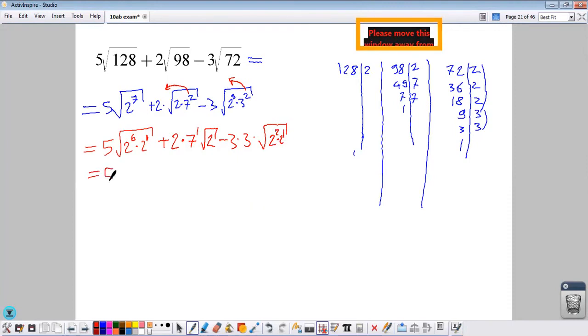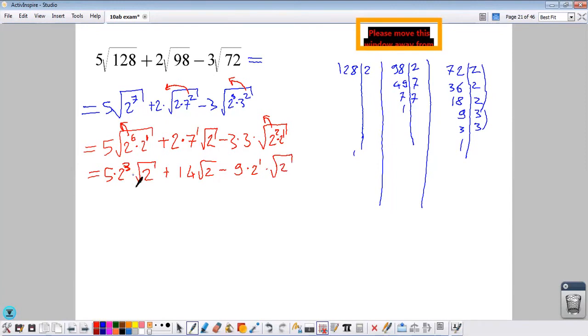So then 5 times 2 power 6 going out as 2 cubed. 6 divided by 2 makes 2 cubed. And square root of 2. And 2 times 7 makes 14 square root 2 minus 3 times 3, 9. Also this 2 squared is going out as 2 power 1, and square root of 2 power 1 stays inside.